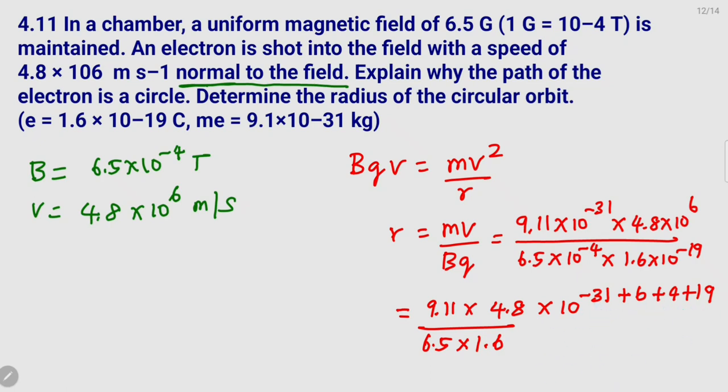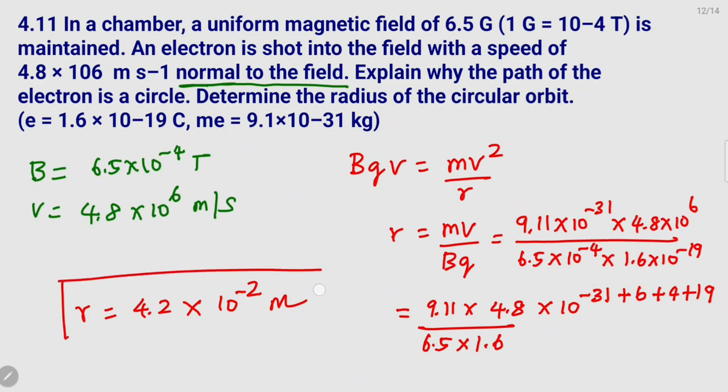So power we can deal separately, and you just have to deal with the numbers separately. So if you solve, you will get the final answer 4.2 into 10 power minus 2 meter. So this is the radius of the electron, which is moving in a circular orbit.